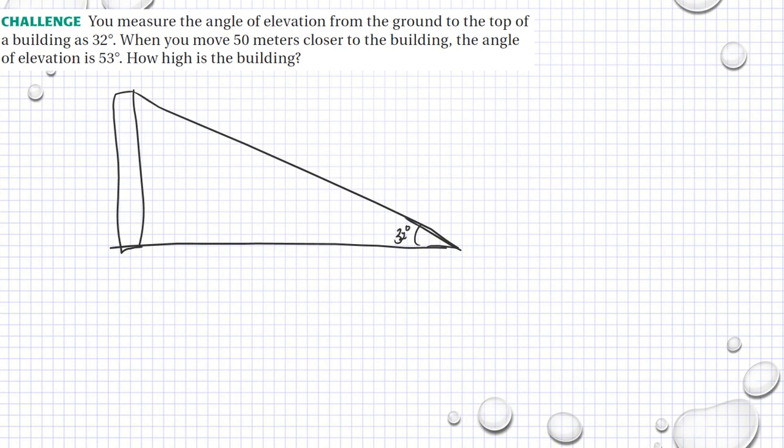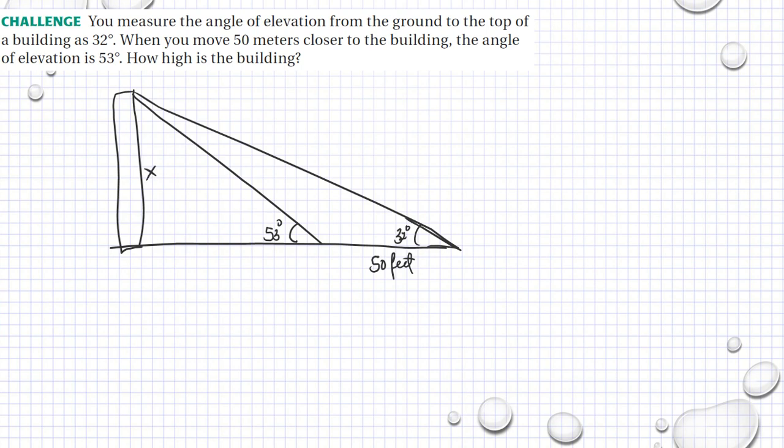When you move 50 meters closer to the building, the angle of elevation is 53 degrees. So we have here now, closer, 50, then we have 53 degrees. How high is the building? So our x here is here.